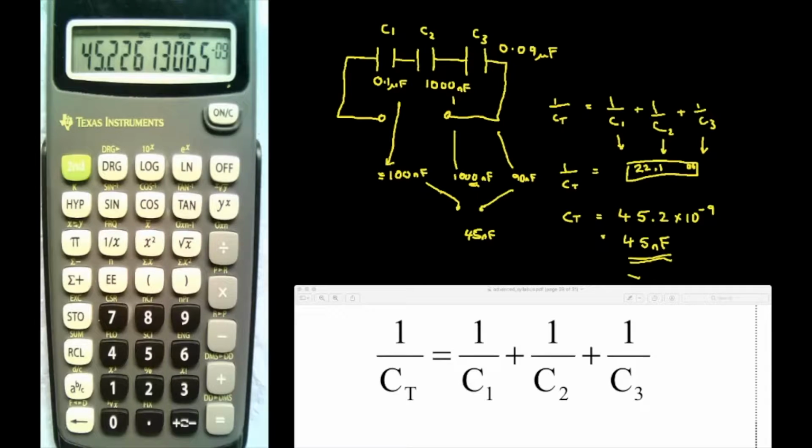Okay, so that's looked at capacitors in series. 1 over Ct equals 1 over C1 plus 1 over C2 plus 1 over C3, etc. Alright, so let's have a look now at the next formula.